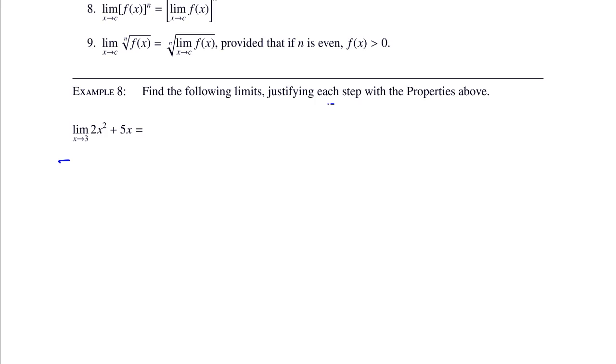So this would be equal to the limit as x goes to 3 of 2x squared plus the limit as x goes to 3 of 5x. And we're going to justify each of these. That's number 4. Okay. So in this example, the 2x squared acts like the f from the property, and the 5x acts like the g.